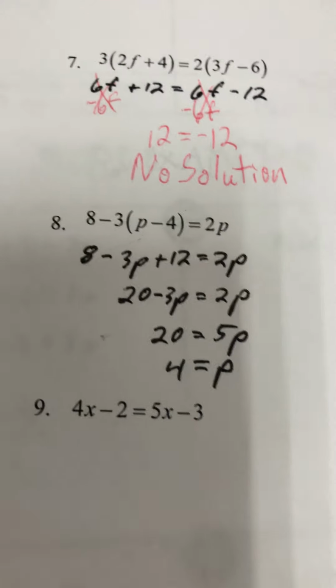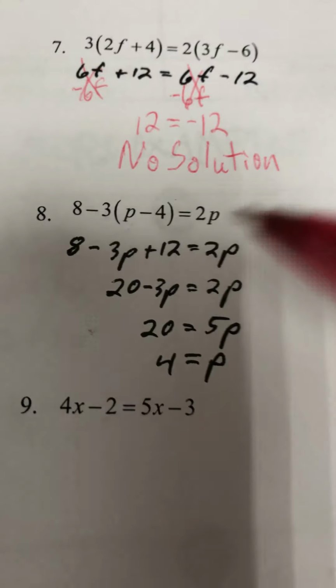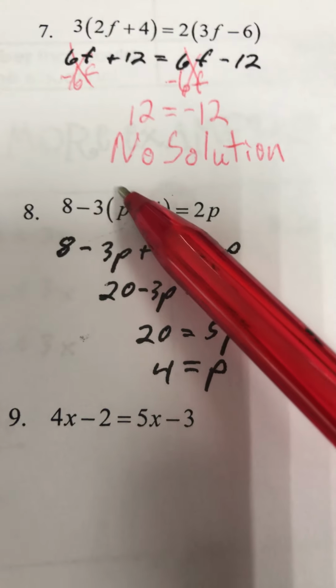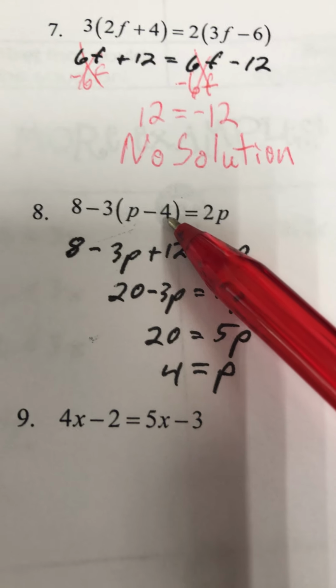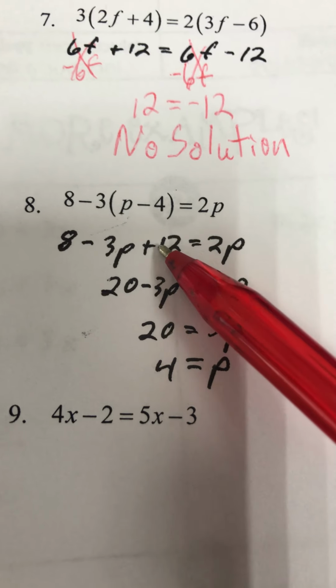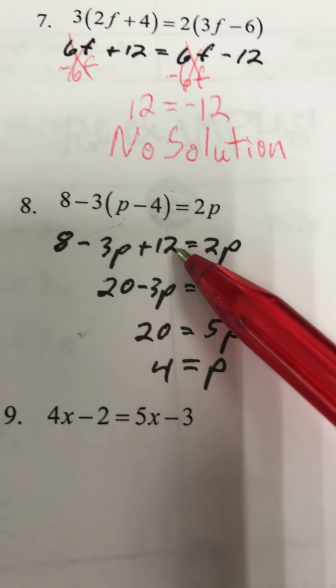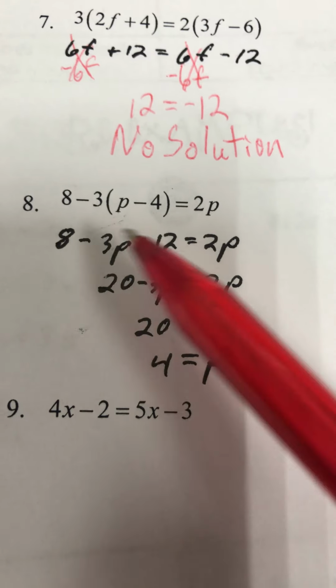And then I messed up again. I did an 8. I was going to do the odd ones, so I'm going to save those 3 for you guys. But 3 times p is 3p. 3 times a negative 4. This is a negative 3 and a negative 4, so that gave me a positive 12. Okay, I then combine my like terms.